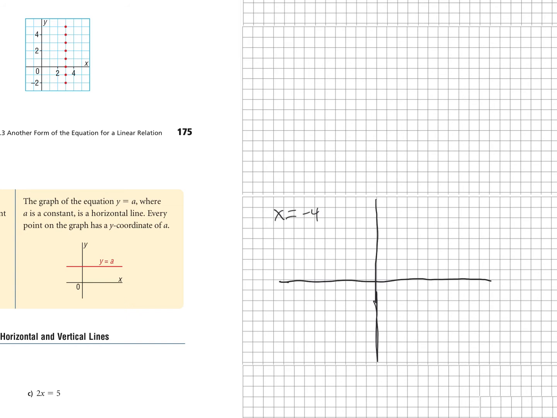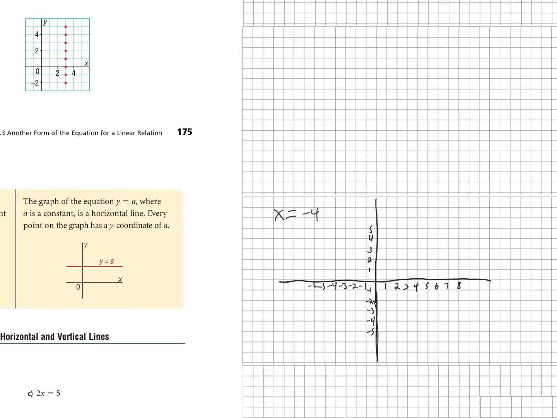And here we're going to have 1, 2, 3, 4, 5, 6, 7, 8. And then we're going to have -1, -2, -3, -4, -5, -6, so on. And then here going up, we have 1, 2, 3, 4, 5. And then going down, we have -1, -2, -3, -4, -5, and so on.